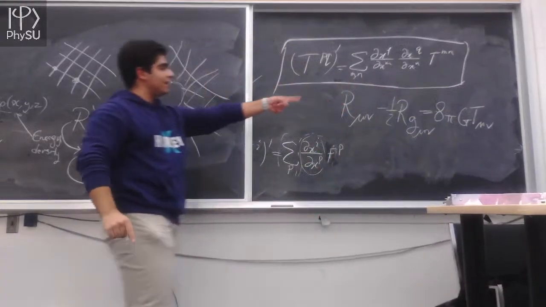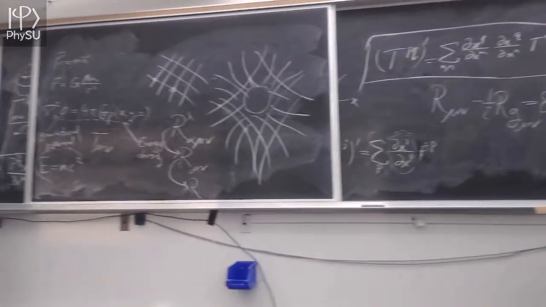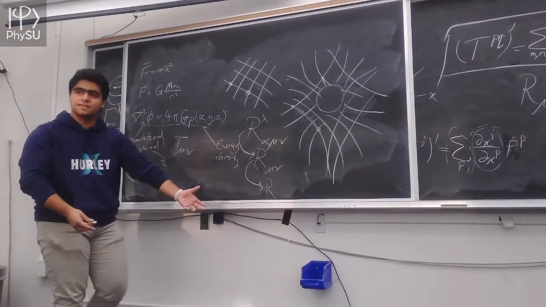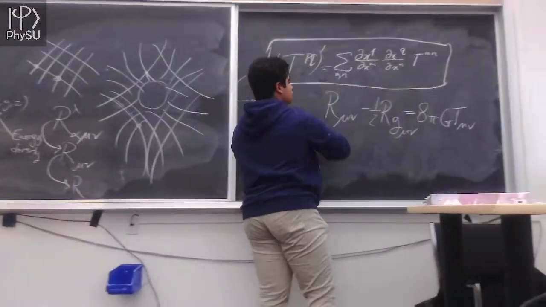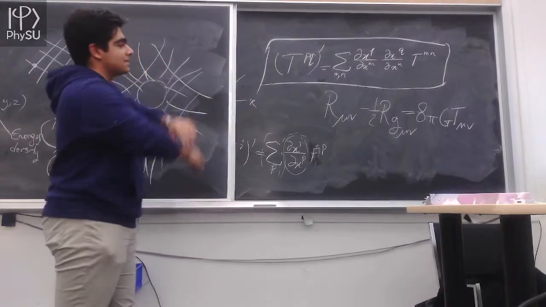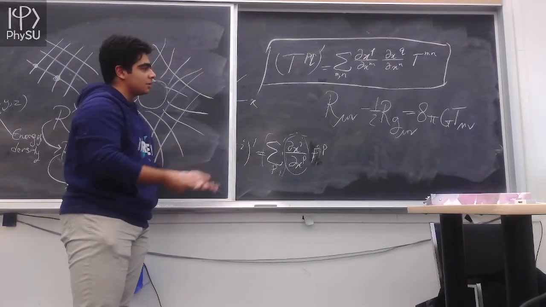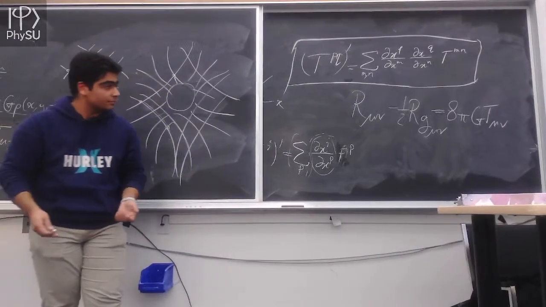And because we've related energy to curvature, and because E equals mc squared, we have related the presence of mass to curvature in space-time. And so this equation is called the Einstein Field Equations, not the equation. This expresses the dynamical curvature of space-time in the presence of mass and energy.